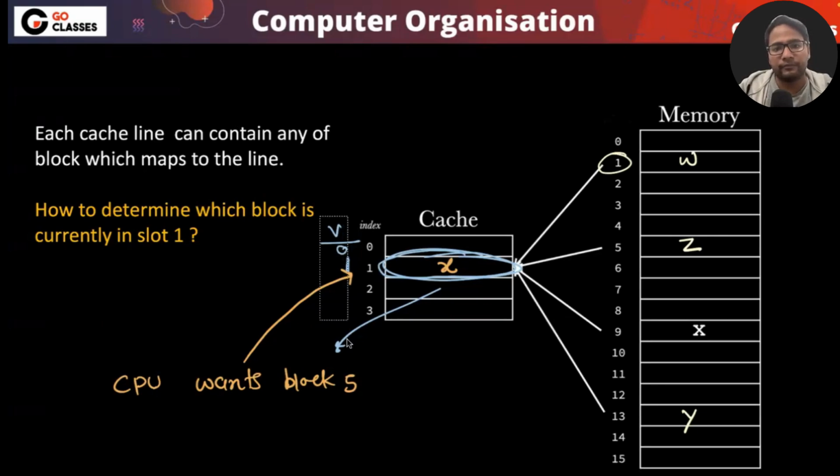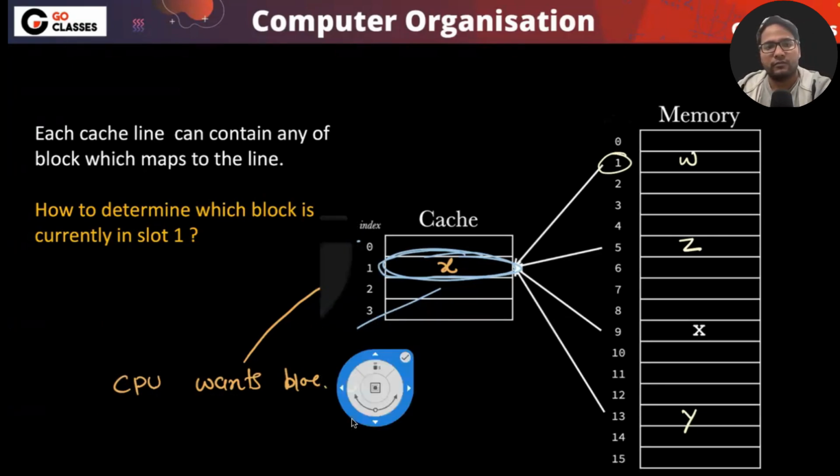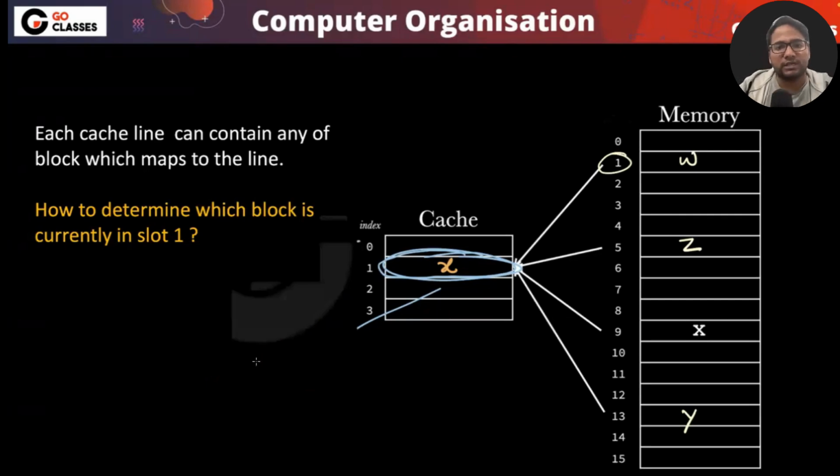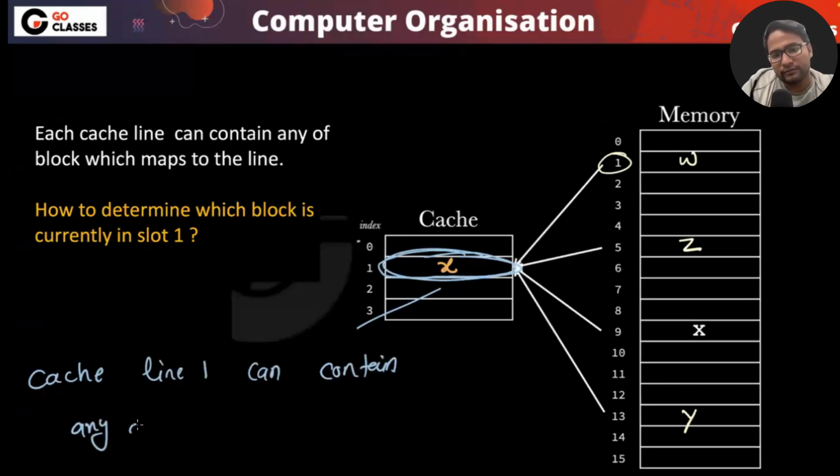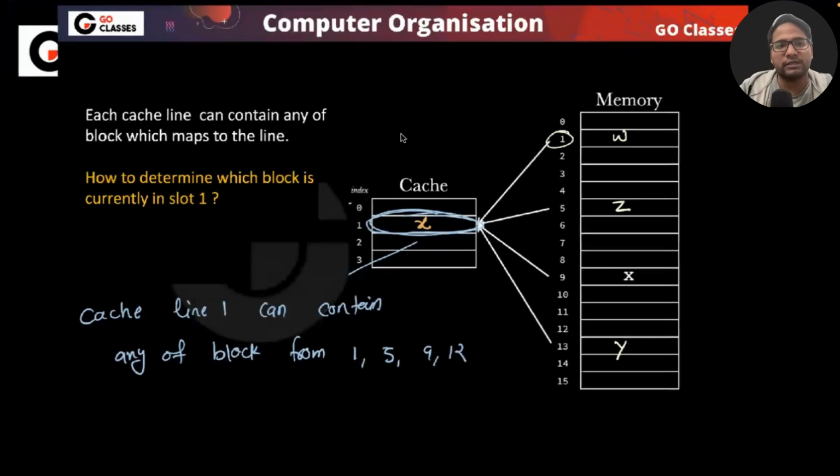So cache line 1 can contain any of the blocks from 1, 5, 9, 13. So we should know what it is really containing at any point in time, isn't it?